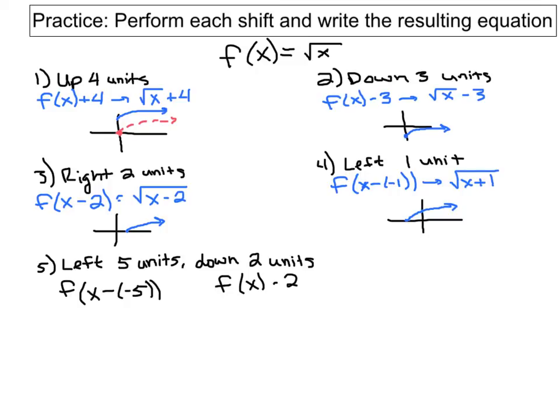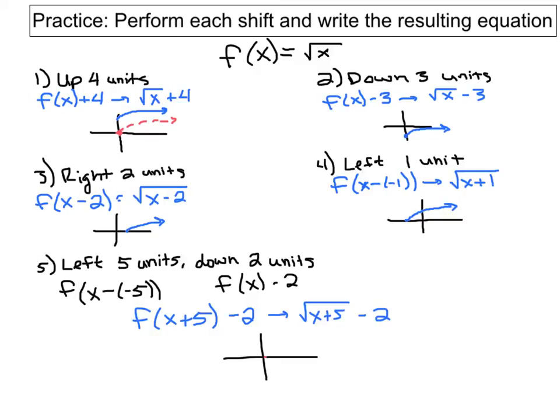We have a horizontal shift, where we're subtracting negative 5 on the inside, and subtracting 2 on the outside. So this is going to look like f of x plus 5, minus 2, which yields the square root of x plus 5, minus 2.